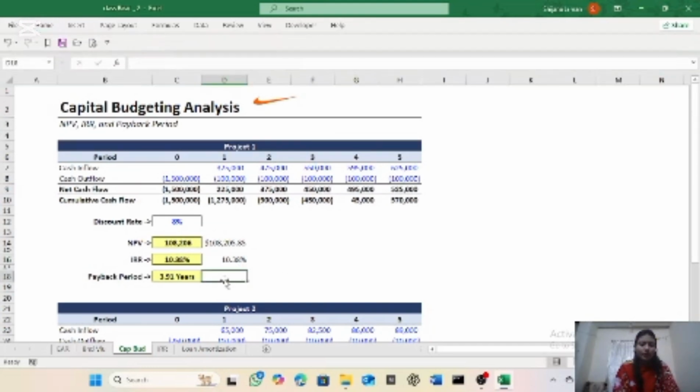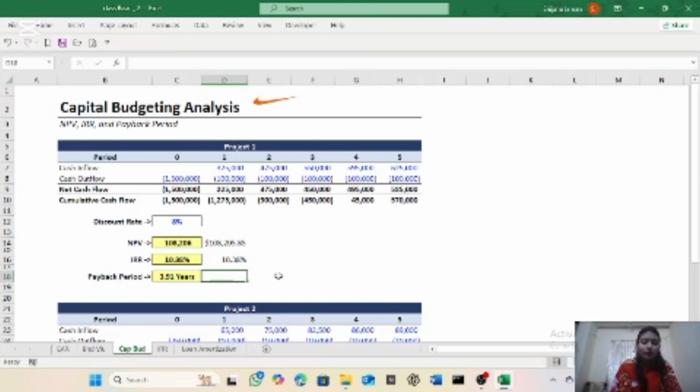So now we are calculating payback period. Here our positive cumulative cash flow starts from end of the third year and beginning of the fourth year. That's why we have to include 3, because our positive cash flow starts from end of the third year.